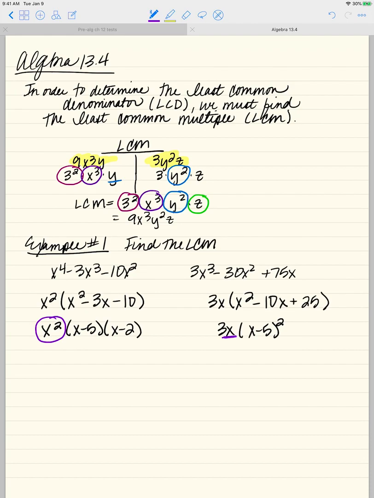So what's bigger? x squared. We also have a 3 and a 1. There's no 3 over here, there's just 1, on the left. I love when I'm pointing and you guys can't see what I'm pointing at. So 3 comes down.